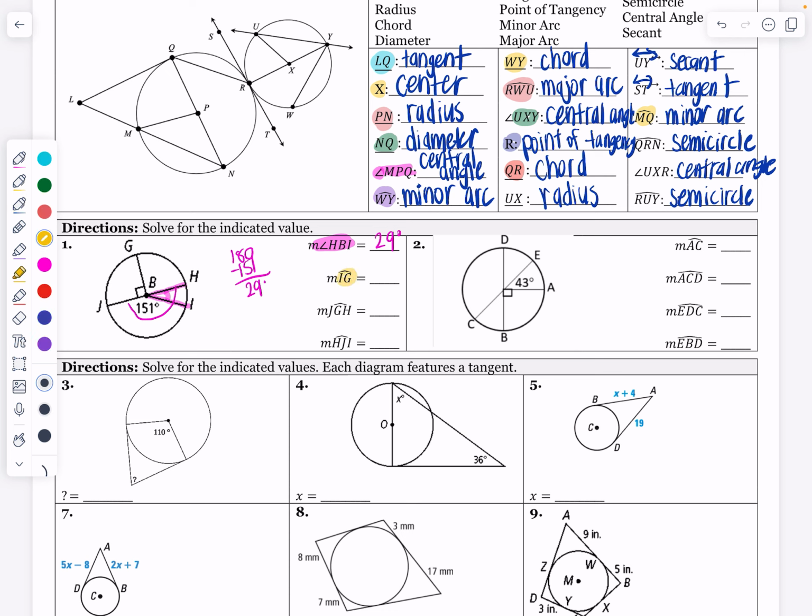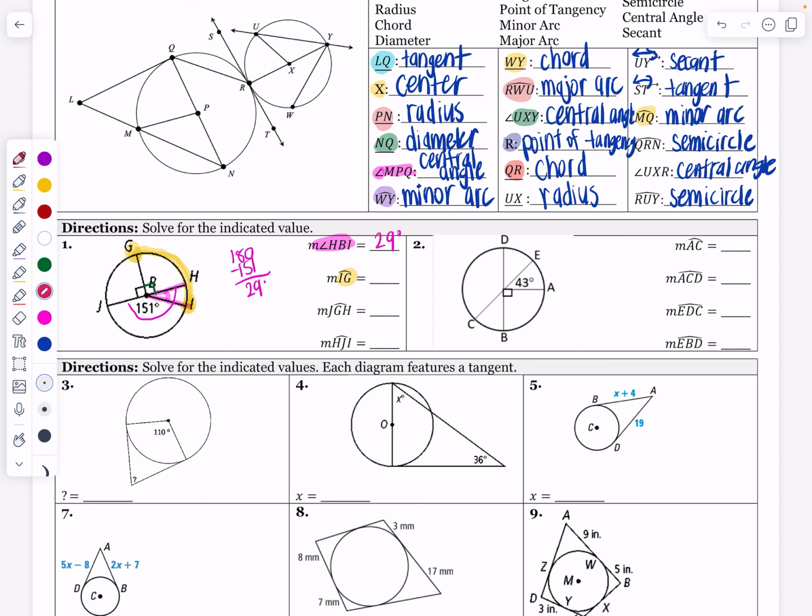So what is the measure of arc I to G? Starting at I, that arc right there. So how do I find that arc? Well, it's going to be the sum of G to H and H to I, those two arcs together. So we know that since there is a 90-degree angle right here, I can copy that 90-degree angle right here because those make a linear pair, so that has to be a right angle.